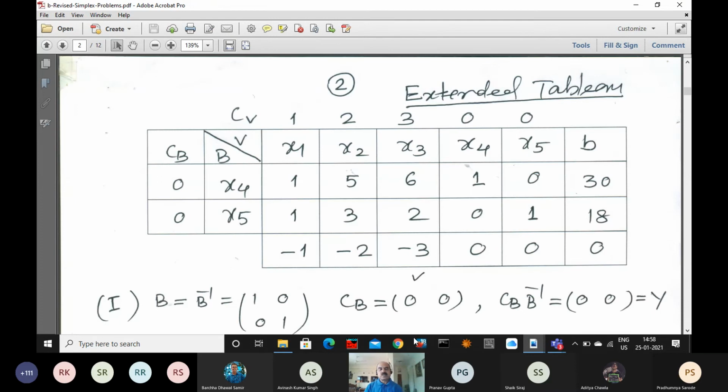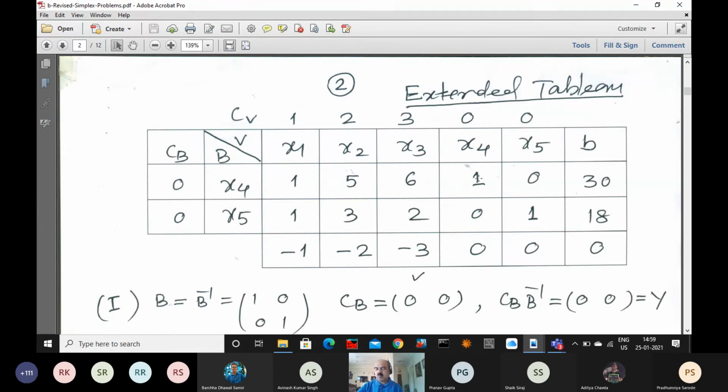With respect to this table, what is your basis matrix? Can you see? The basis matrix is always an identity matrix. See below X4, 1 0, one column. Second column 0 1.